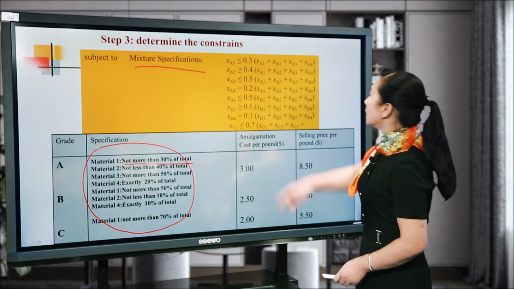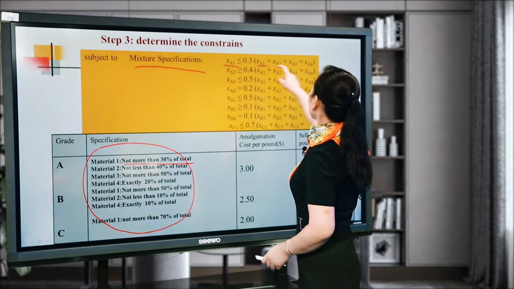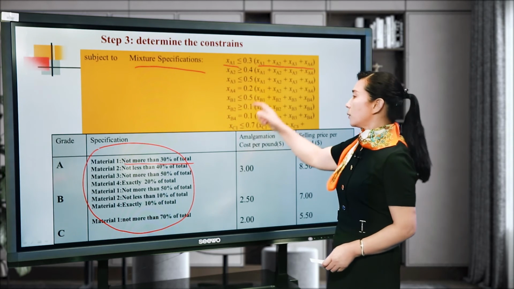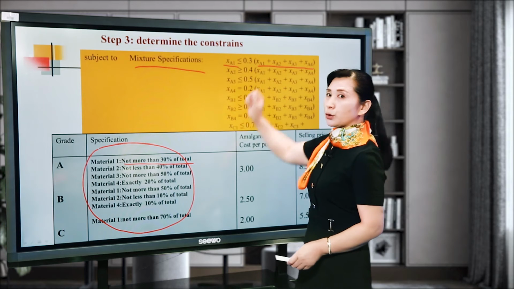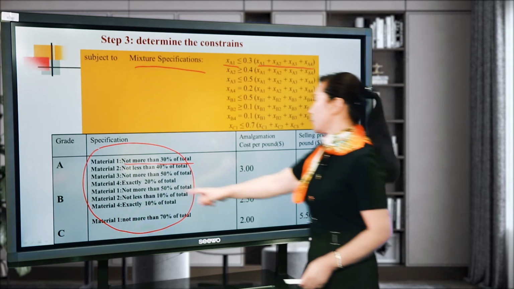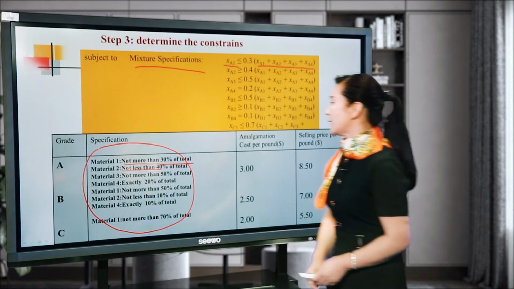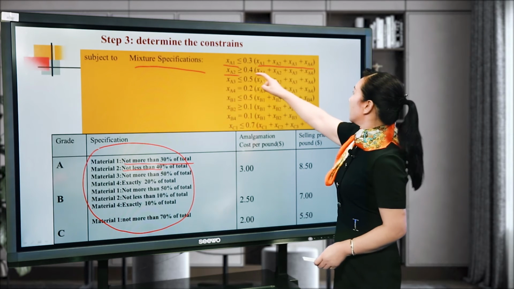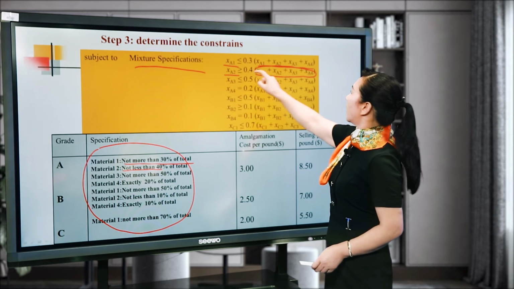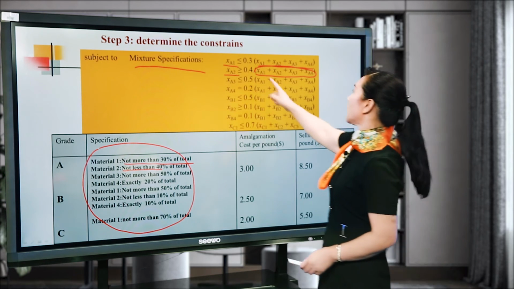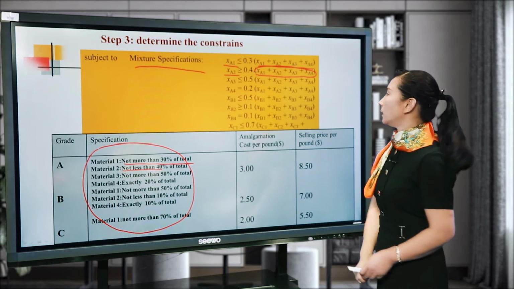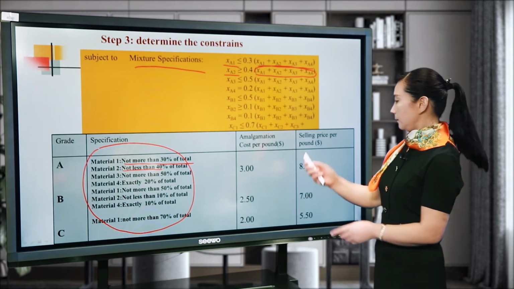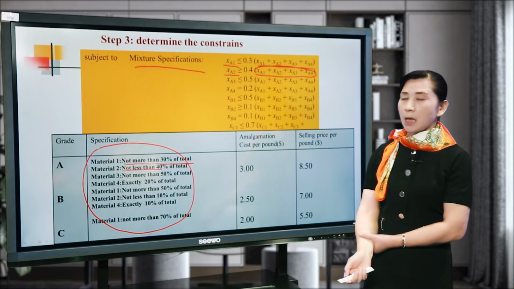We express it as XA1 divided by the total, which is less than or equal to 13%. Material 2, not less than 14%: XA2 divided by the total amount is greater than or equal to 14%, and so on. This is the specification constraint.